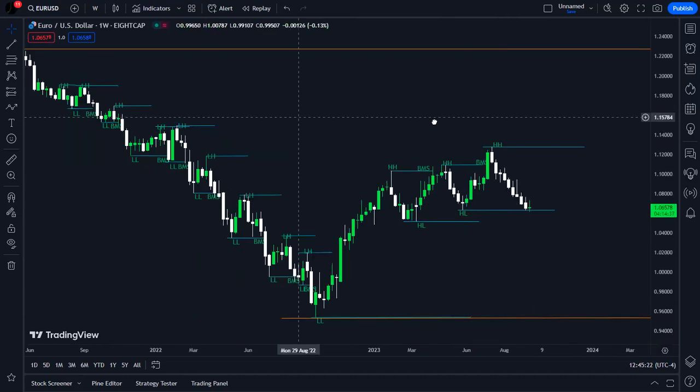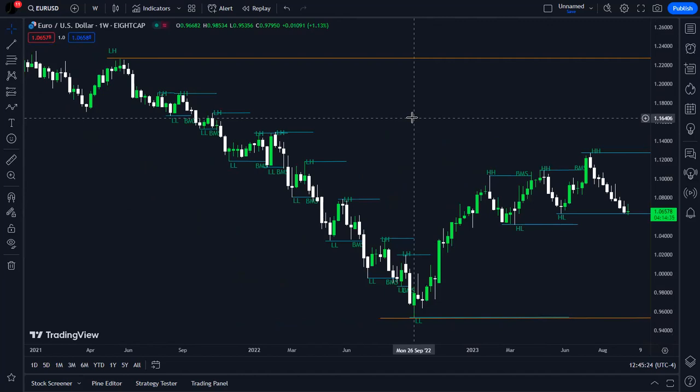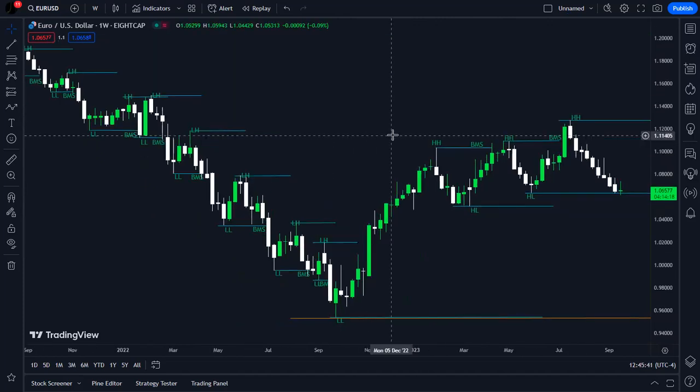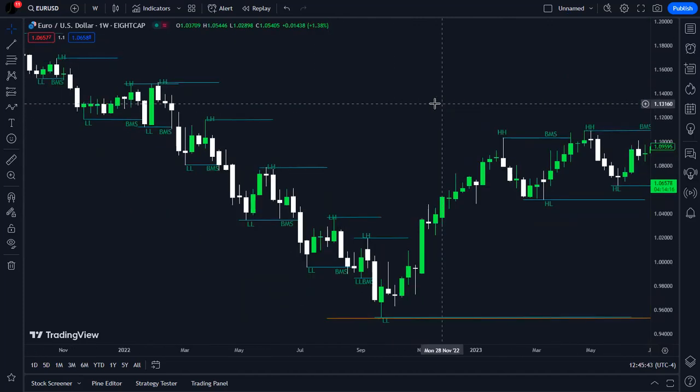So these are the dealing ranges. Dealing ranges are in all time frames: the monthly, the weekly, the daily, 4 hour, 1 hour, 10 minutes, 5 minutes, the lowest time frame. But for introduction, I'm going to present this weekly time frame.